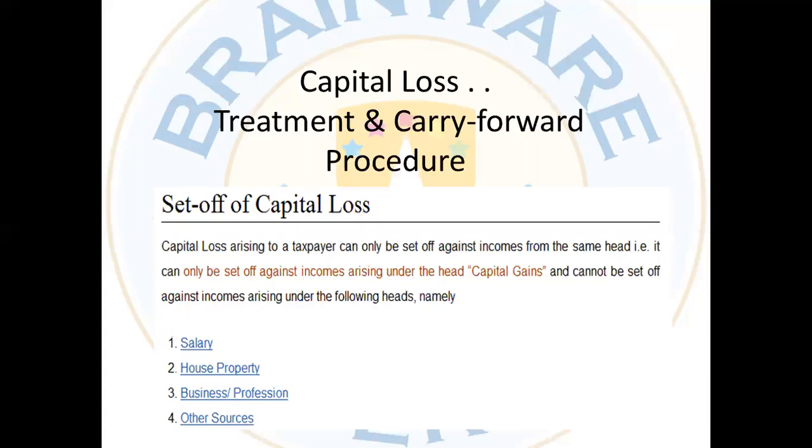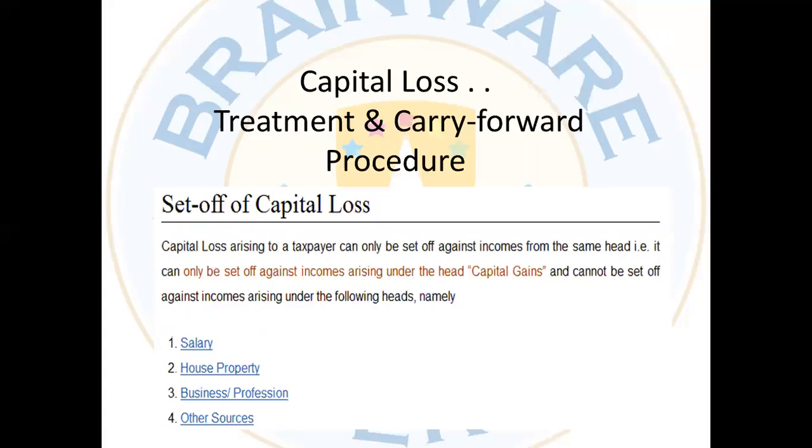Now, the capital loss arising to a taxpayer can only be set off against income from the same head. That is, it can only be set off against income under the head capital gains and cannot be set off against income arising under the other four heads: salary, house property, business and profession, and other sources. I'm giving an example. Suppose you have two houses and you have sold both.